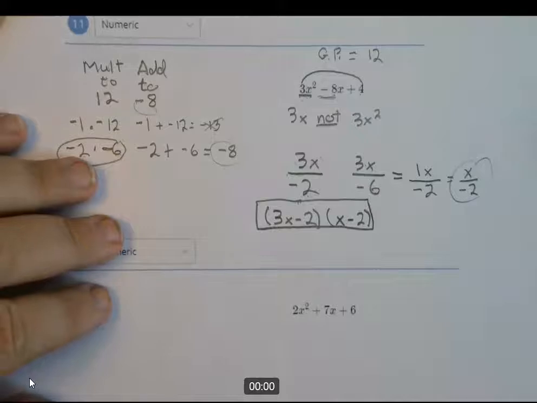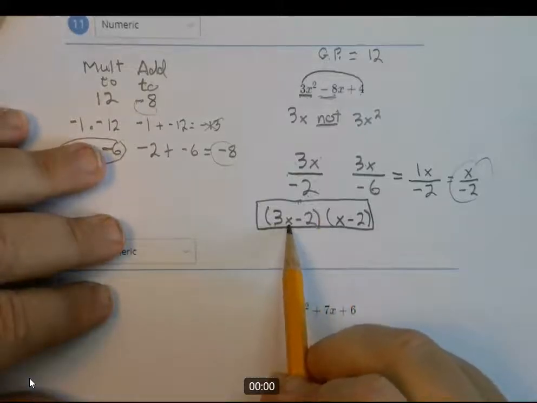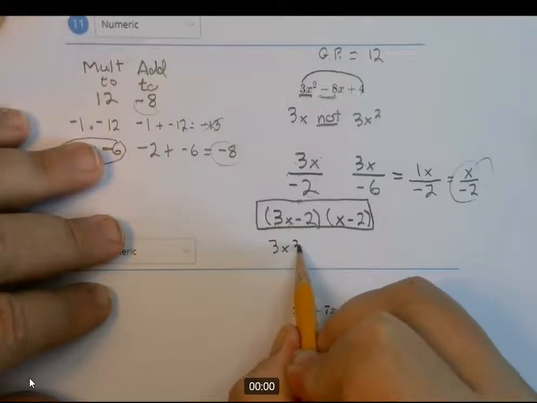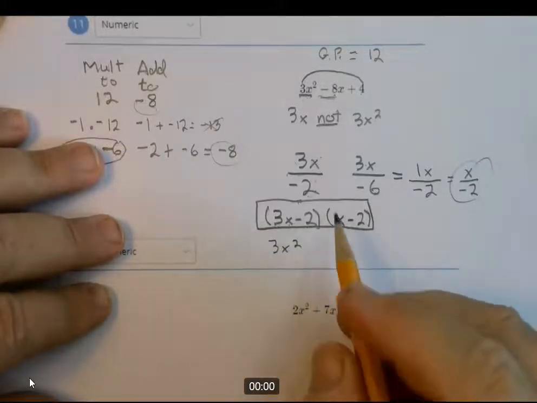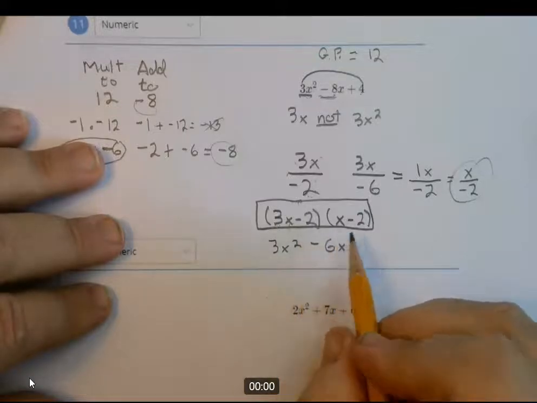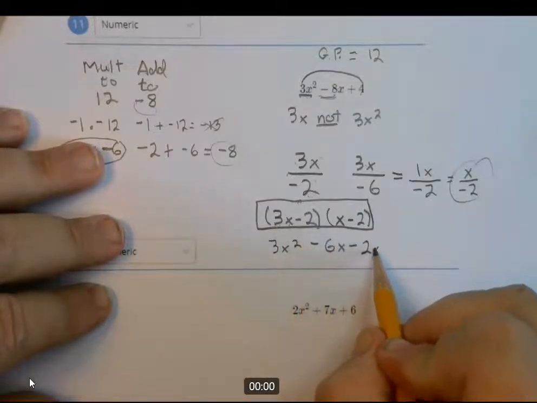Let's verify it with a FOIL. 3x, FOIL: first, outer, inner, last. So the first is 3x times x is 3x squared. Now the outer, 3x times negative 2 is negative 6x. Now the inner, negative 2 times x is negative 2x.